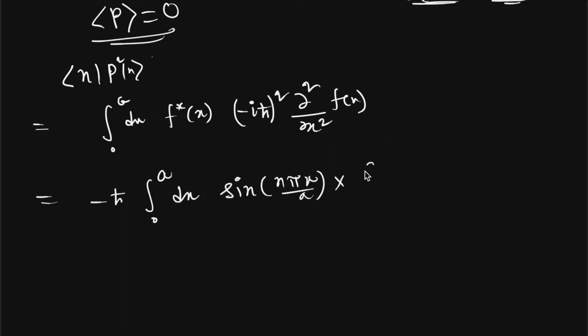The derivative will give (n pi by a) its square into minus sin(n pi x by a).